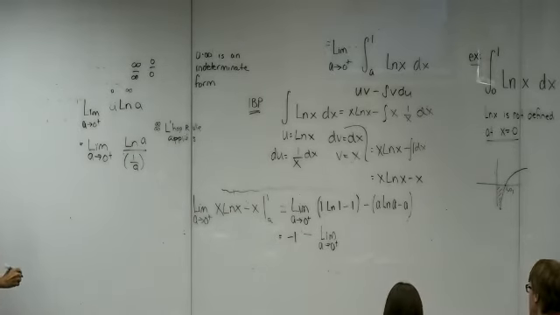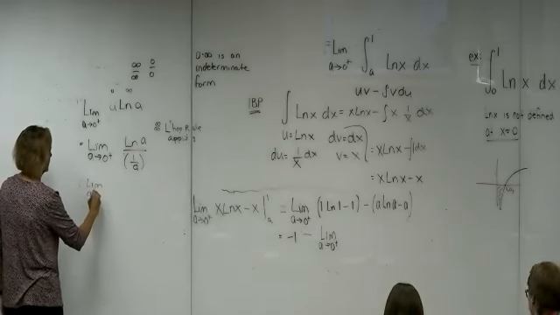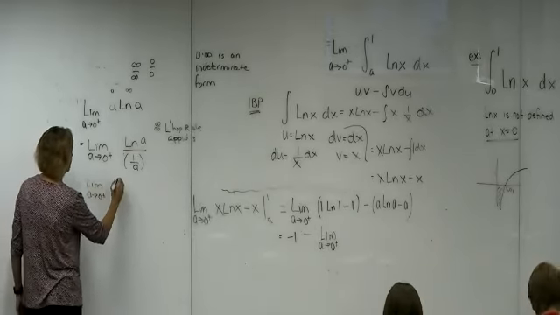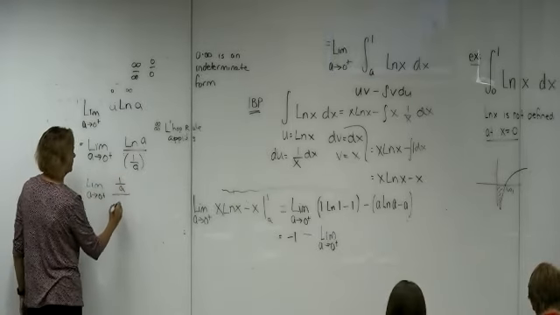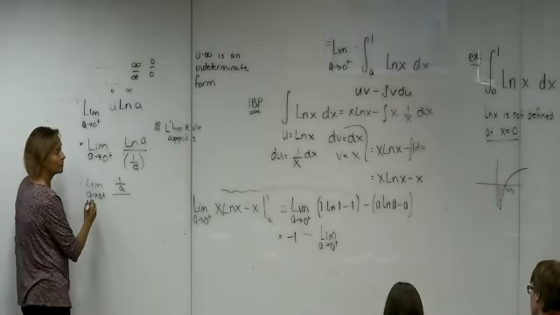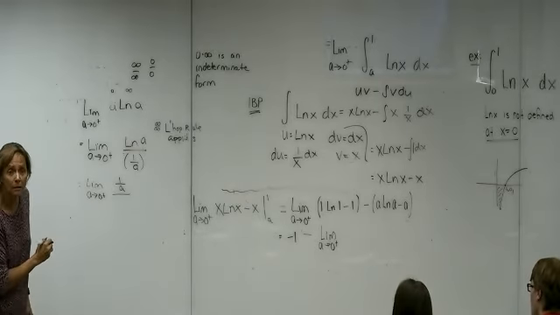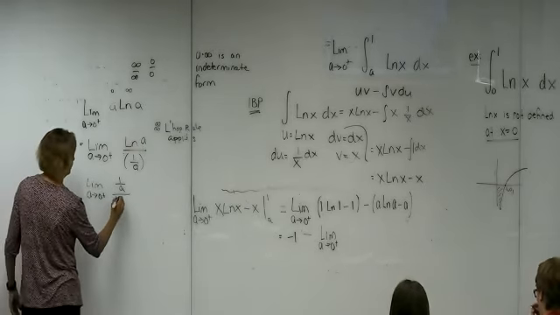So I take the derivative of the top and divide it by the derivative of the bottom. Here the top is 1 over A. What's the derivative of the bottom? What's the derivative of 1 over A with respect to A? What's the derivative of 1 over X? Negative 1 over A squared.